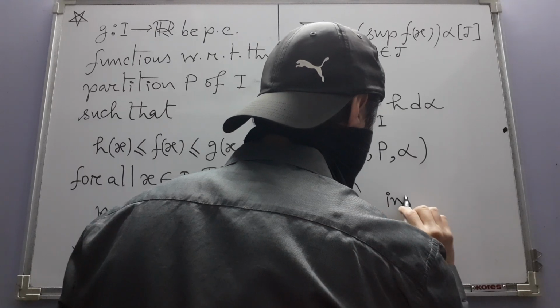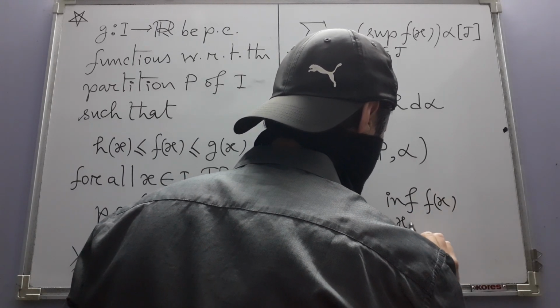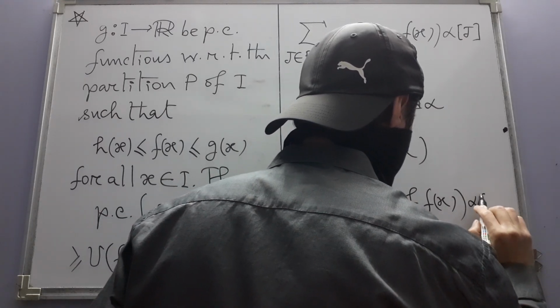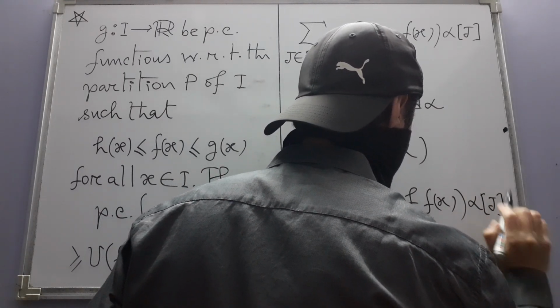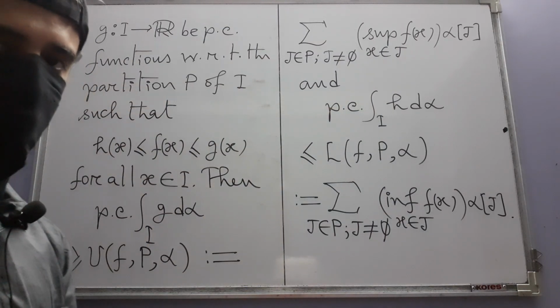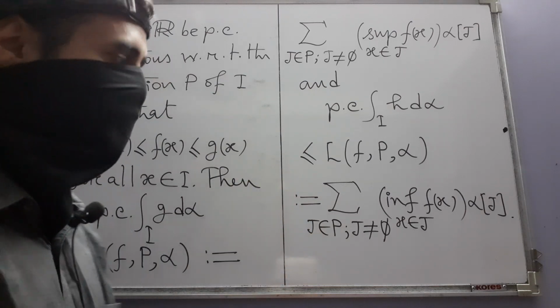Here, in place of supremum, you will have infimum. X varies over j times the alpha length of j. Okay, so this is that result, but it's the Riemann-Stieltjes integral version.